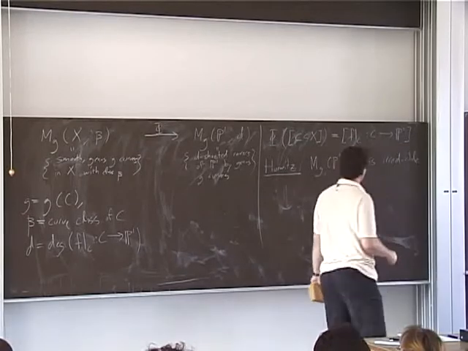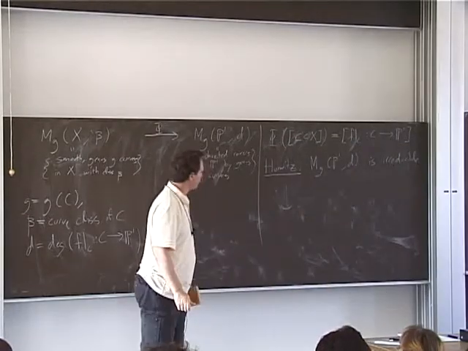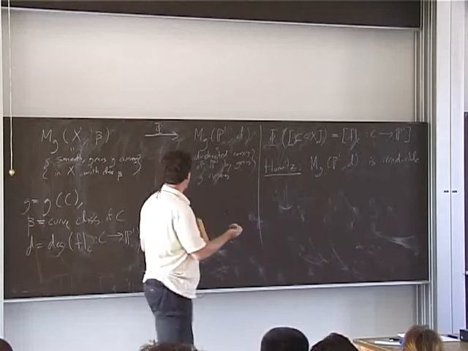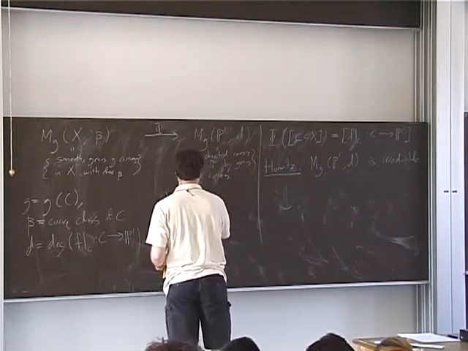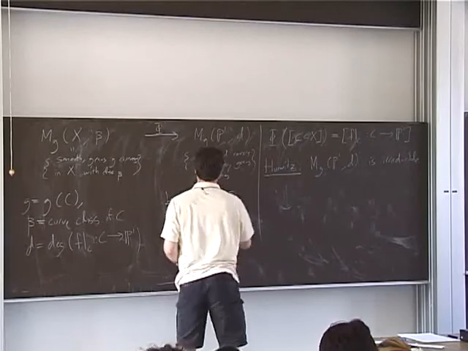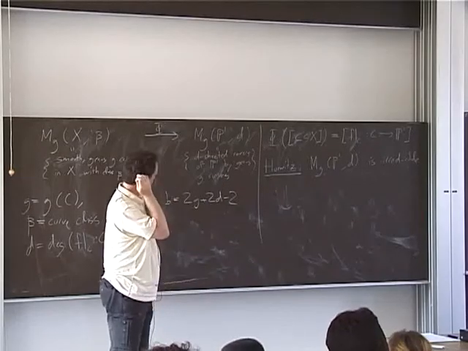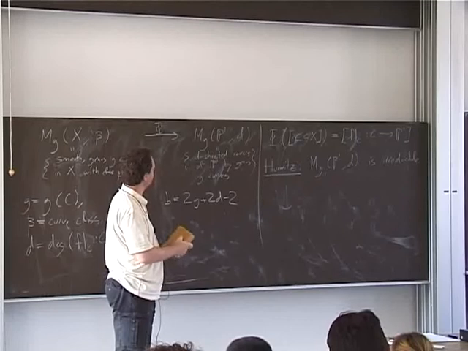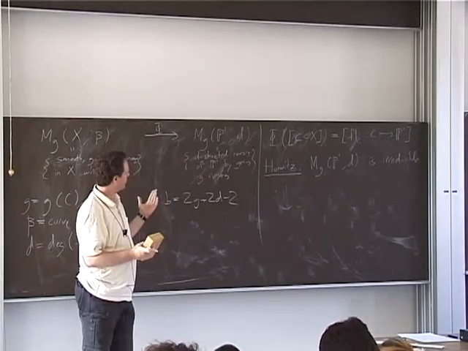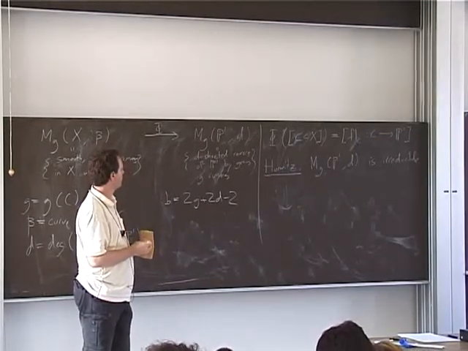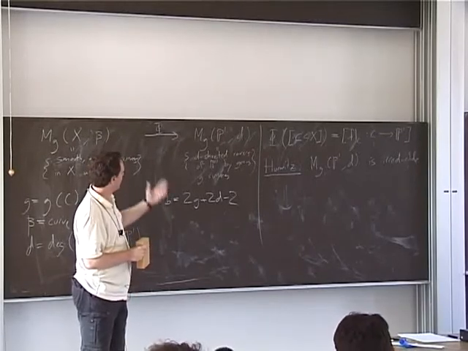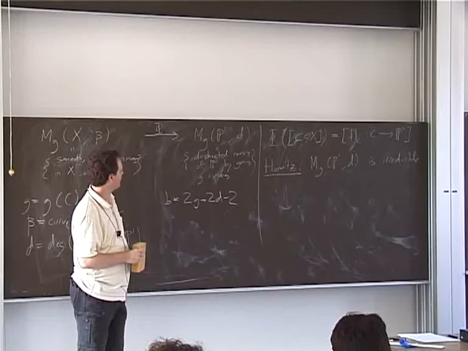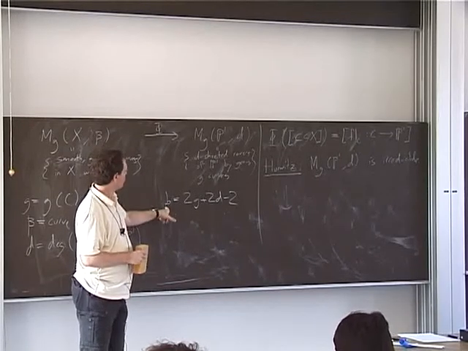This is actually a result about an action of the braid group of P1. By Riemann-Hurwitz, the number of branch points is 2g plus 2d minus 2 for this covering. And in M_g(P1, d), a general point will be a simple branched cover, so all branch points will be distinct and simple branch points. And then there's a map from M_g(P1, d) to the space of b-tuples of points in P1.